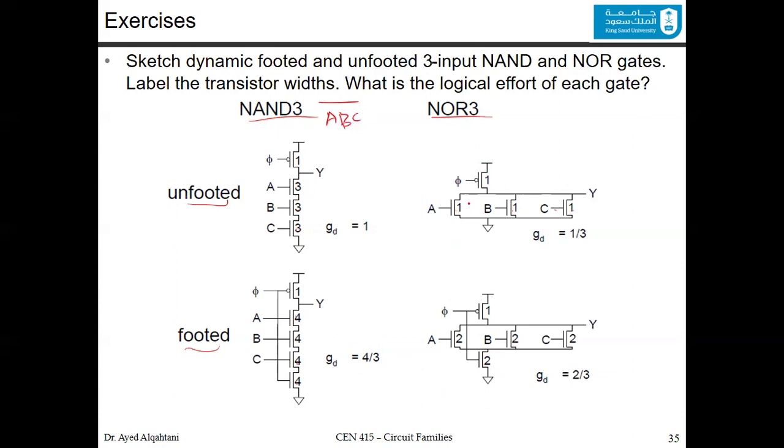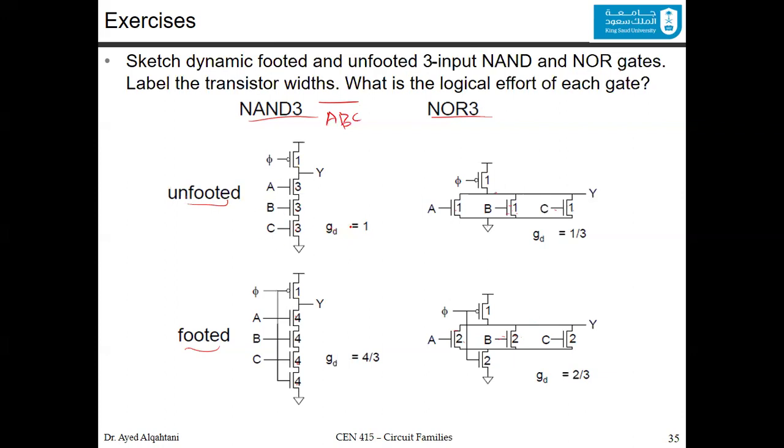Here you have 1 in series from the output to the ground, so you have it as only 1, and these are parallel with it. Here you have 2, so it's 2 and 2, and these are parallel with this one, so it gets the same size. So how to get the logical effort, but only the down?